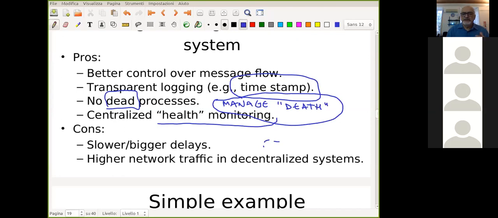So a centralized communication infrastructure has its pros. It's clear that probably it is slower. It is slower from the point of view of time efficiency.